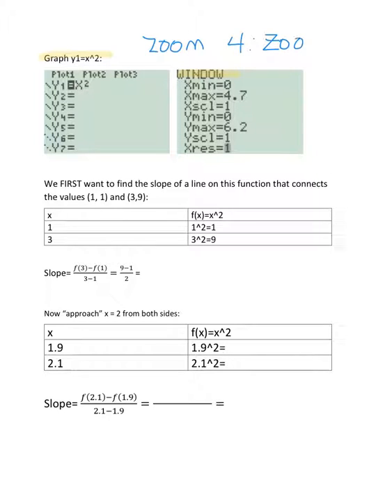I'm sorry, not zoom square, zoom decimal, zoom DEC. And what it actually takes you to is a window that goes from negative 4.7 to positive 4.7 for the x's, and to negative 3.1 to positive 3.1 for the y's.